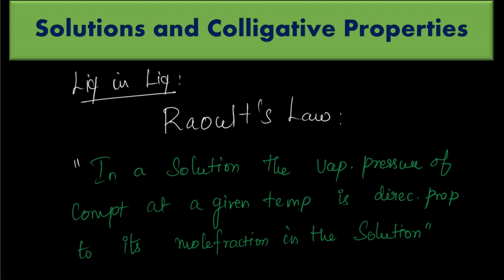Okay. Here we are writing that the vapor pressure is proportional to mole fraction. Vapor pressure of A is proportional to mole fraction of A. To remove the proportionality symbol, you can introduce a constant, that is P_A = K chi_A.